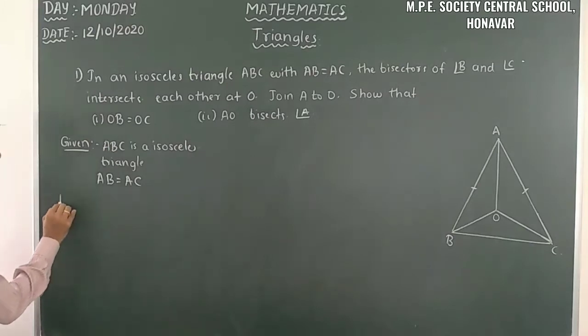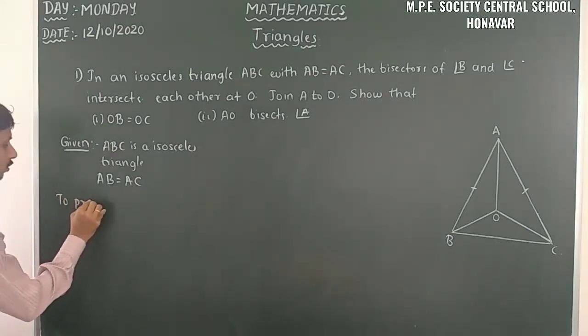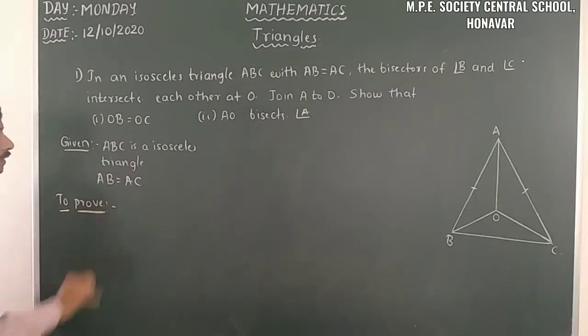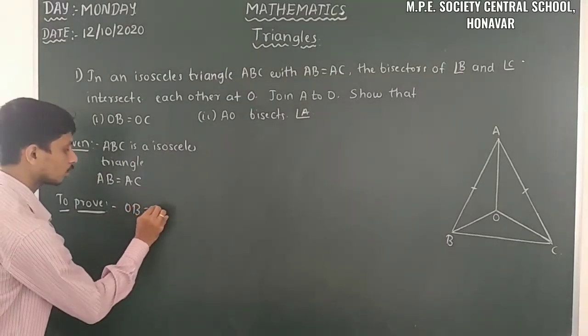So let us see what is the proof. What we have to prove: firstly OB is equal to OC. OB is equal to OC we have to prove.